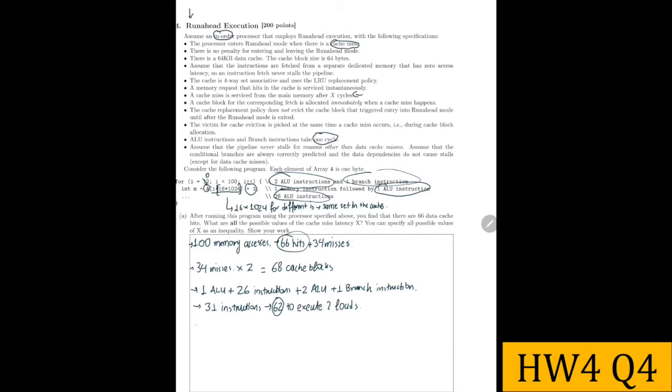Imagine we had the miss here, and this is the run ahead, and here we're waiting for the miss, and we know that the miss will come 62 cycles after that. So here run ahead will be able to bring the first cache block and the second cache block, the ones that we need, because we need 2, and then it will exit after the 62 cycles of the miss.